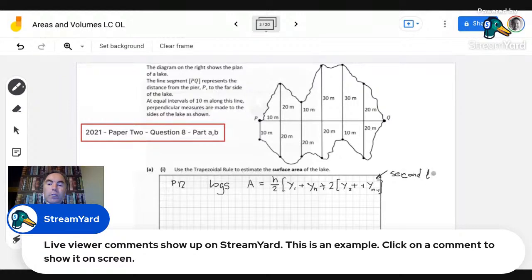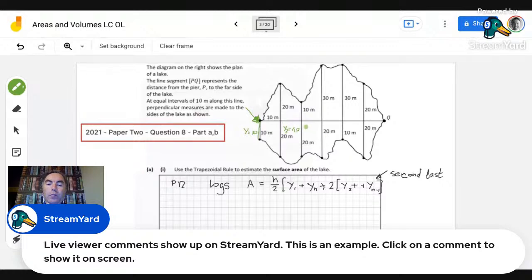So we just have to follow the format of the formula and use our calculator then to input our value. So let's get all the heights now. The first height is over here, so we have to be careful because there's two measurements, there's upwards and downwards. So the first one there, y1, would be equal to 10. Okay, this one here. y2 is 20 plus 20, so we just say y2 is equal to 40.